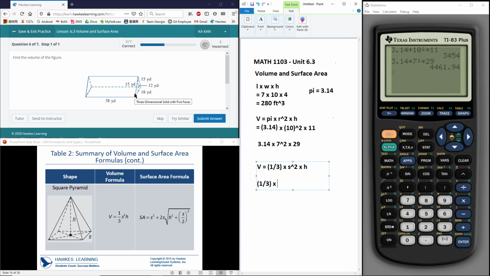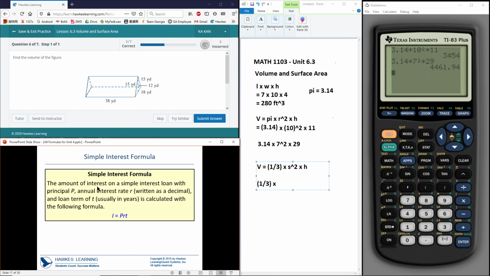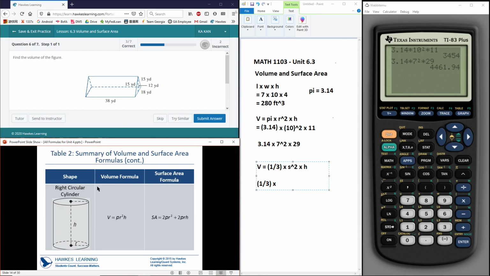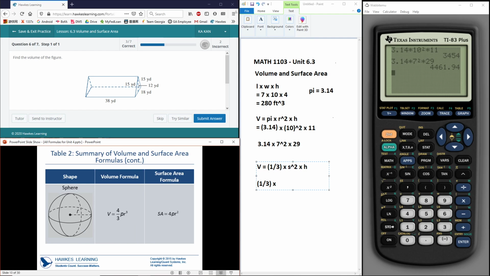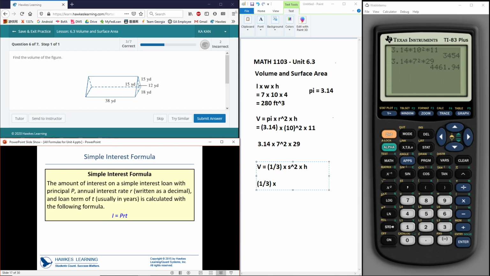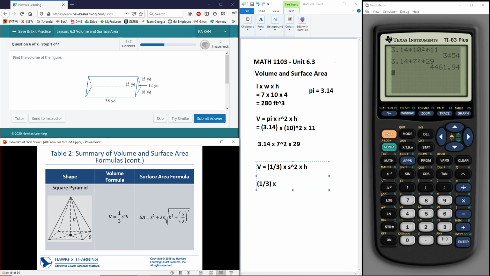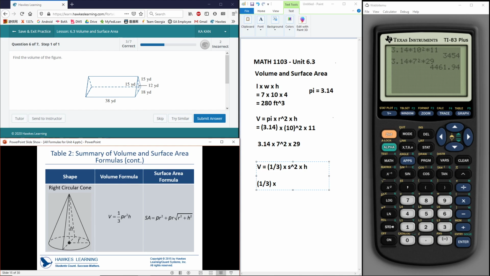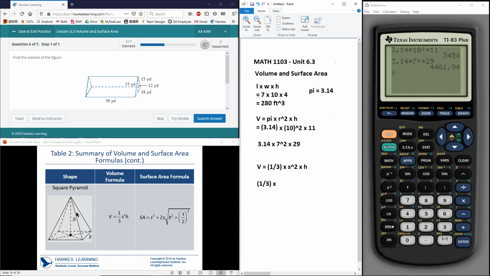Oh, this is not a square. My bad. Scratch that. I made a mistake right here because this turned out not to be a square at the bottom, so we need to use a different formula.